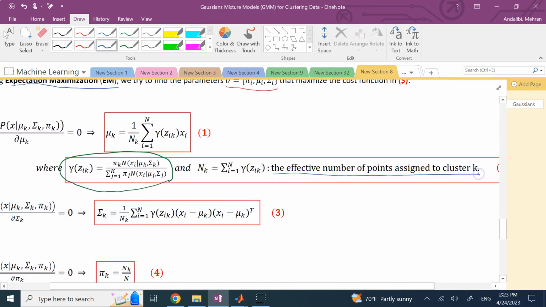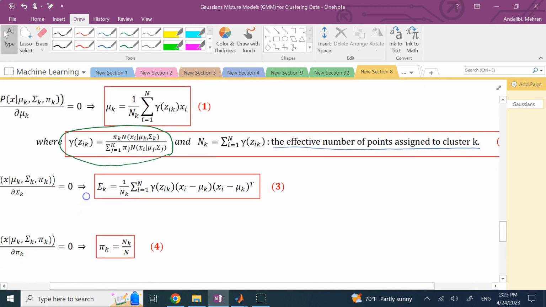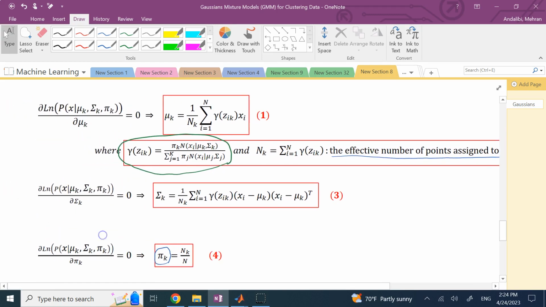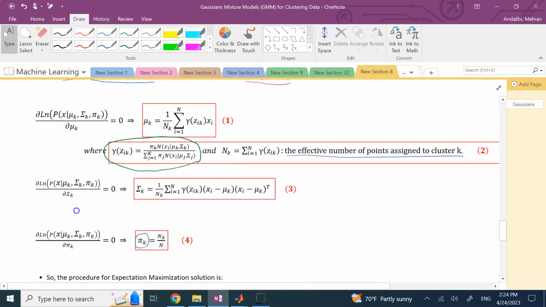To cluster k. That's why you see I divide that number of data points in cluster k by all of the data points, and that is going to give me the proportion of the data in what? In cluster k. So here I have three update equations, 1, 3, and 4. And in 1, 3, and 4, I need two terms as well, N_k and gamma, which are given by equation what? Equation 2 here.